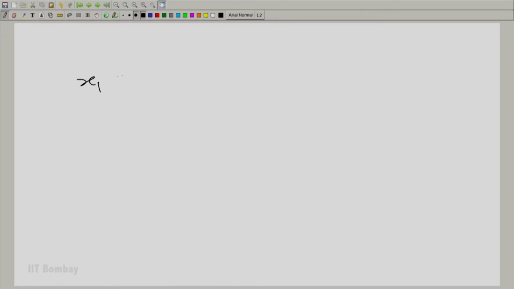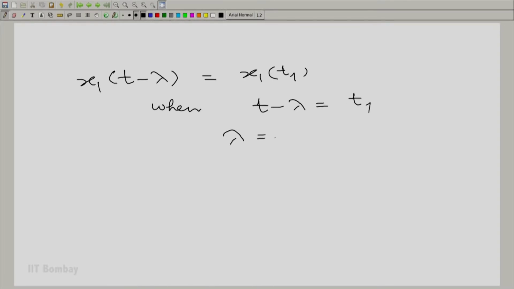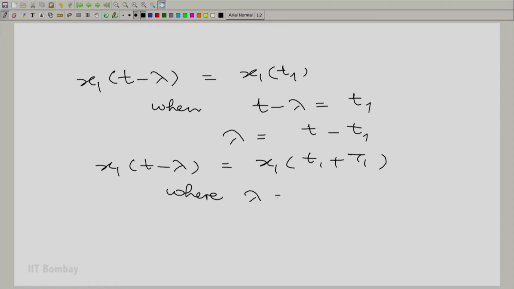You see, x1(t minus lambda) is equal to x1(t1) when t minus lambda is equal to t1. And of course, similarly, x1(t minus lambda) is equal to x1(t1 plus capital T1), where lambda is equal to t minus t1 plus capital T1.